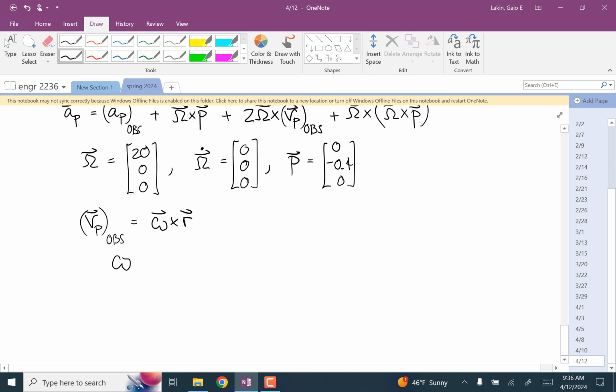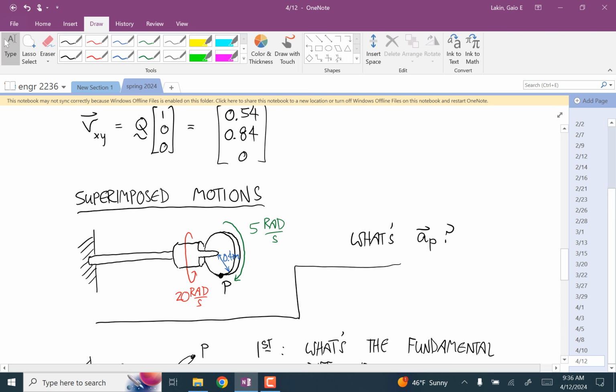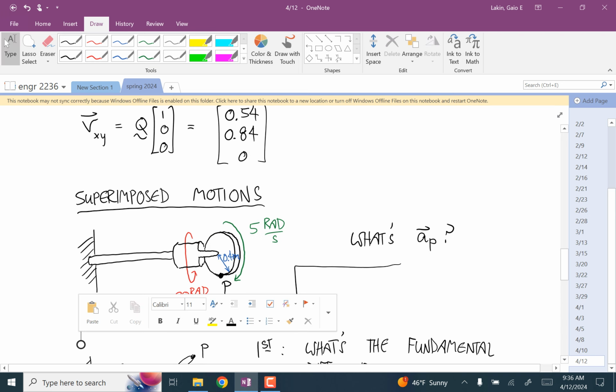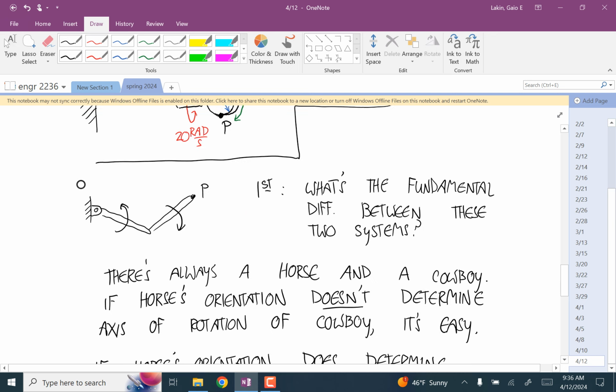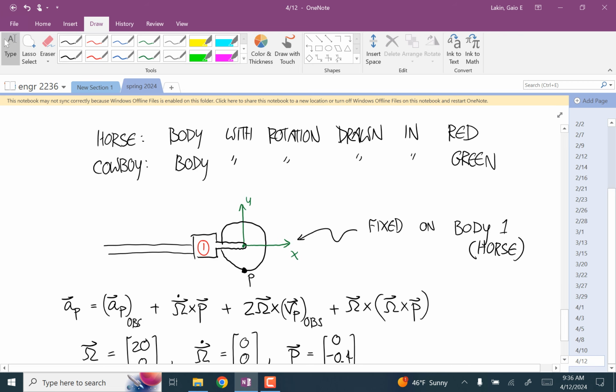What's omega? There's two omegas, but this is the little omega. Yep. 5 radians per second. Yep, exactly. In the negative z direction. Anybody have any questions about that? And R is equal to, so the definition of R is from the center of the circular motion to the object.